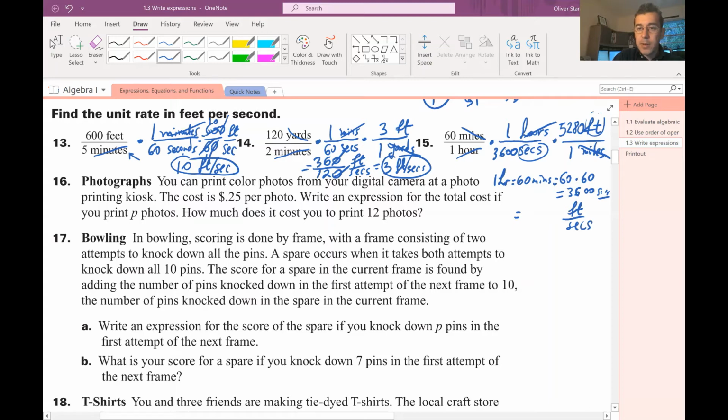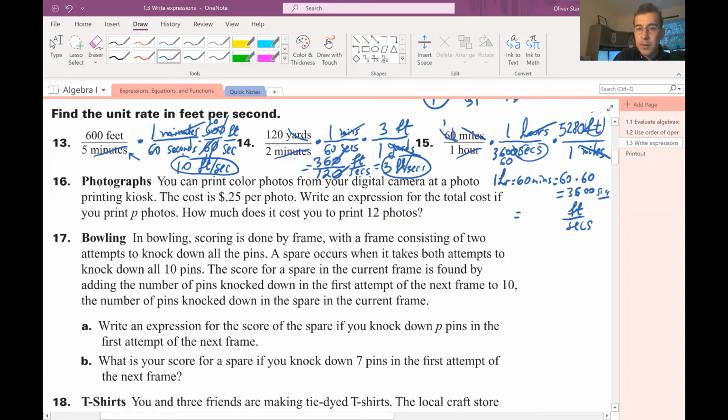And the number 60 is going to be 60 times 1 is 60 times 5,280, or actually let's cancel out something else as well. So let's cancel out this 0 with this 0, and then 6 and 360 going to cancel out by 6. So here we get 1, and 360 divided by 6 is 60.